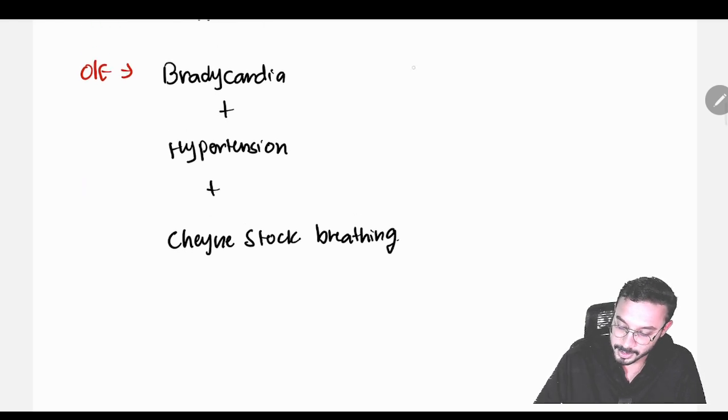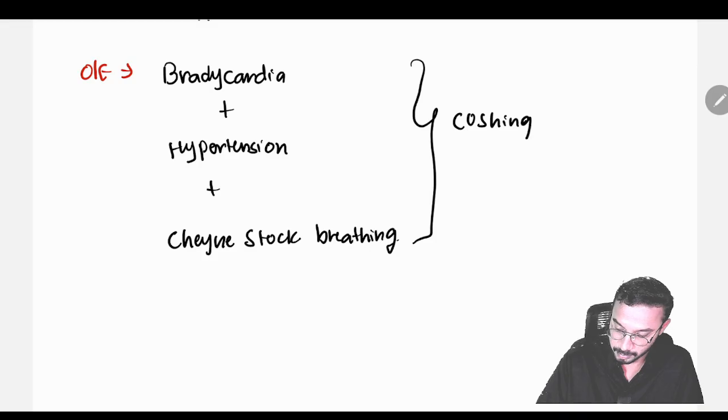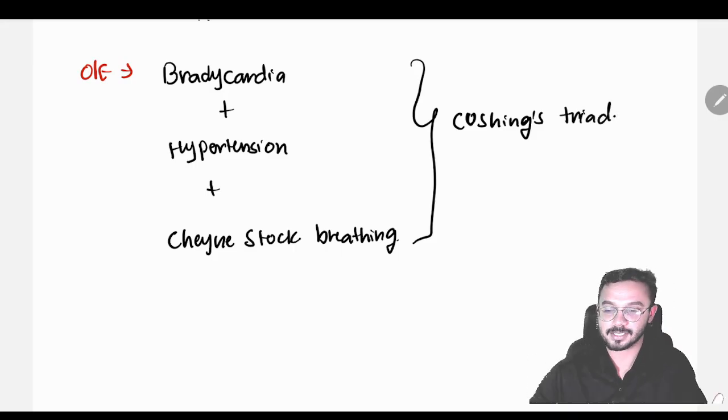So all these are known as Cushing's triad. Cushing's triad is seen in raised ICP. Cushing reflexes or Cushing's triad: in raised ICP you see bradycardia, hypertension and Cheyne-Stokes breathing.